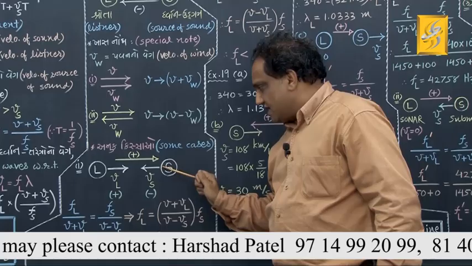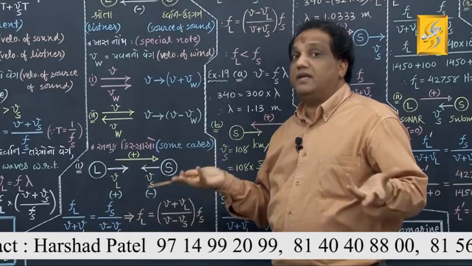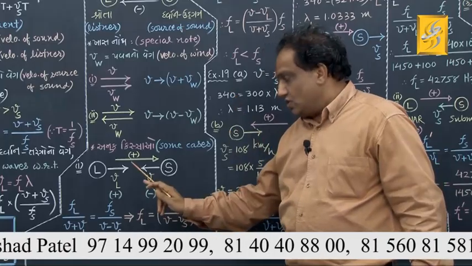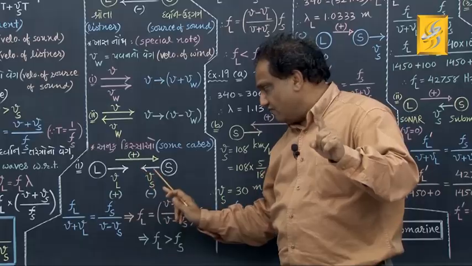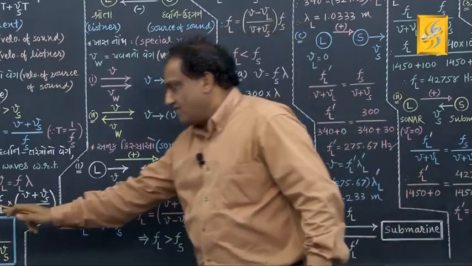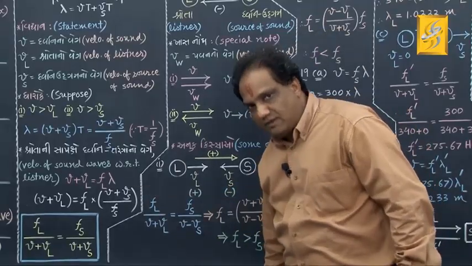But because this direction is opposite to this, I must take Vs as negative. So you should treat VL as positive and Vs as negative in this formula. So make these changes in this standard formula.